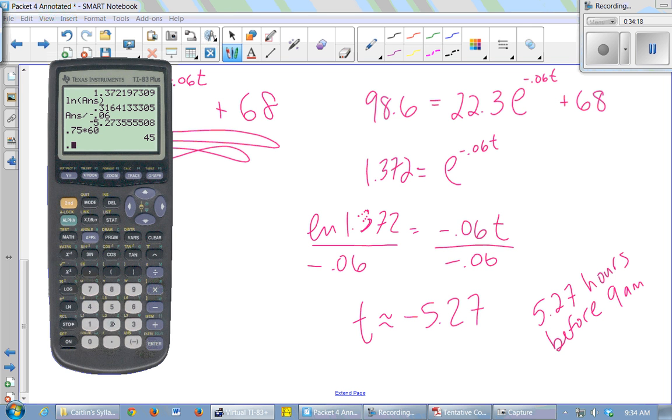Oops, 0.27 of an hour is 16 minutes, right? So to the nearest minute, 5 hours before 9 a.m. would be 4 a.m. plus an additional 16 minutes before that would be 3:44 a.m.